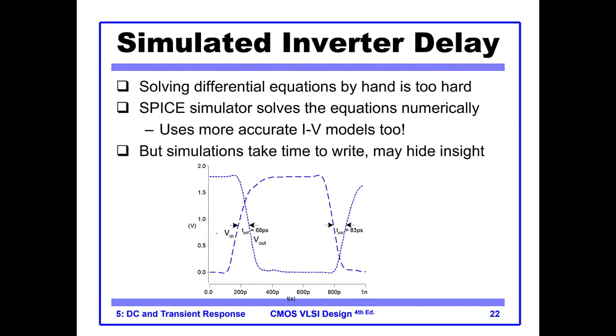Now one way to get the accurate value of the delay of our inverter is to use a software program like SPICE. One way is to solve a differential equation, the other way is to simulate using SPICE, and then you can measure the TPD from SPICE.